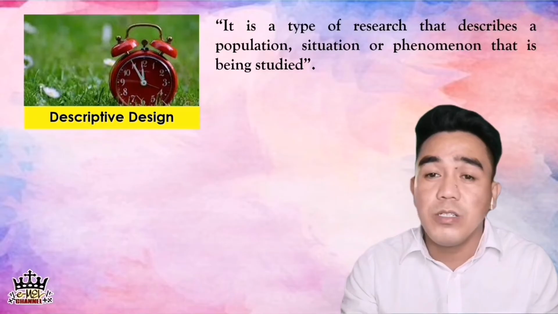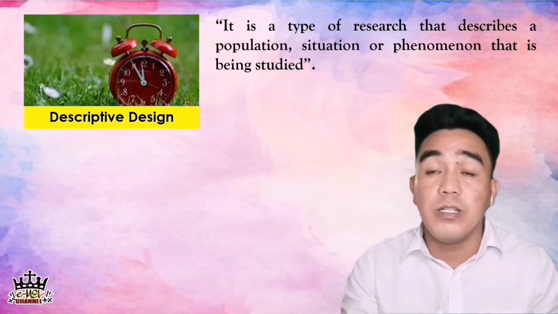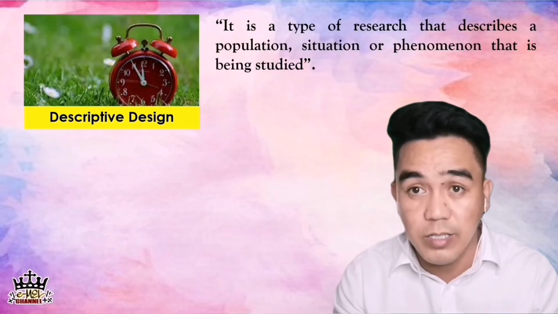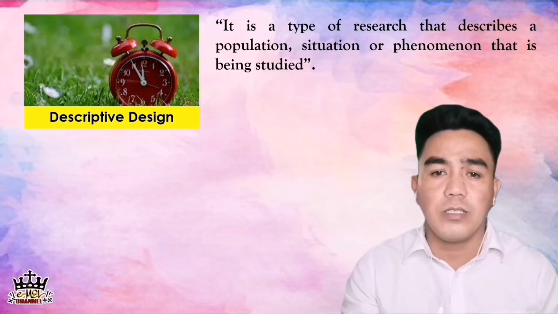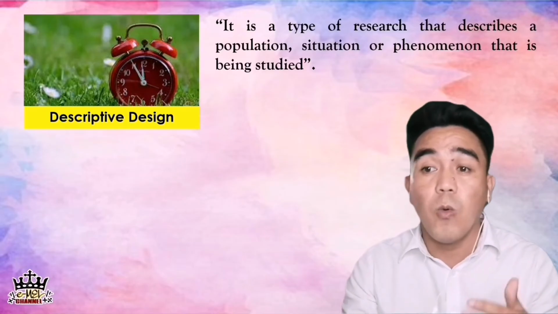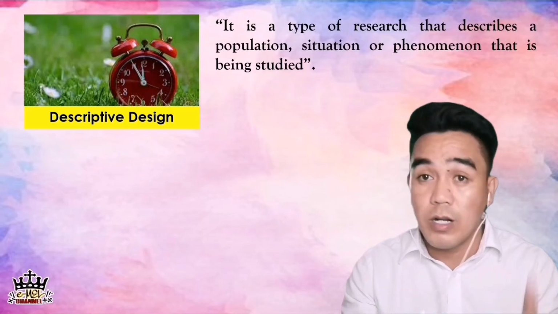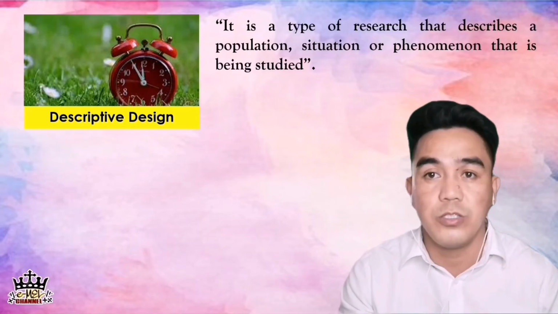It is a type of research that describes a population, situation, or phenomenon that is being studied. Take note of this. It focuses on answering the how, what, when, and where questions in a research problem, rather than the why question.